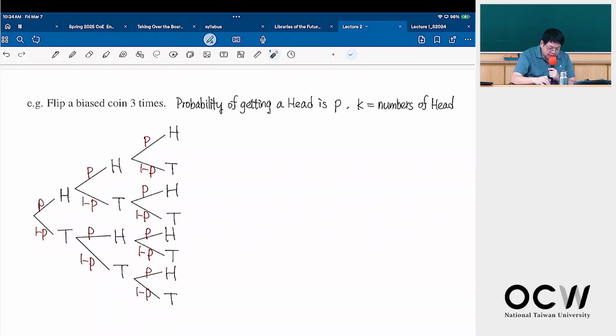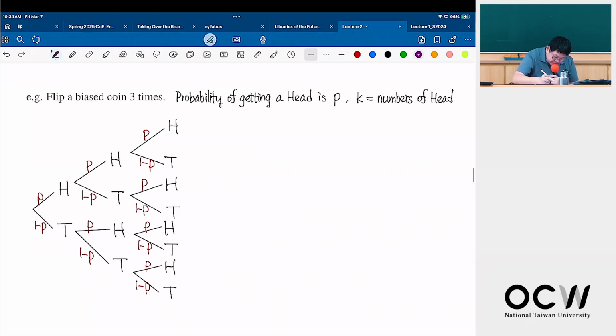then here you get 3 heads. Then the probability is P cubed. Here you have 2 heads and 1 tail. This probability is p squared times 1 minus p.